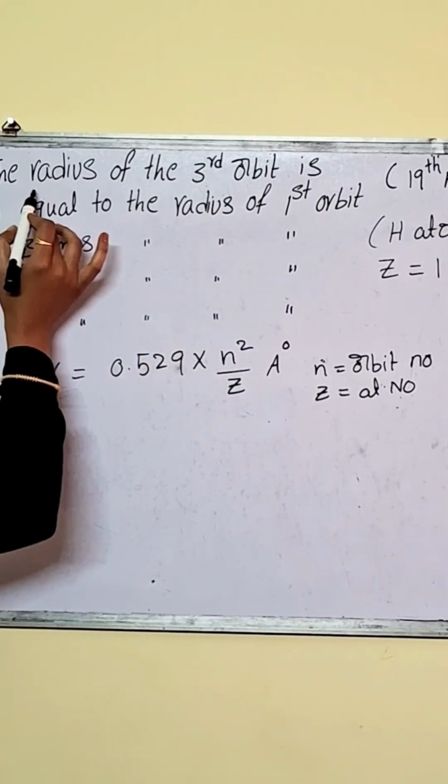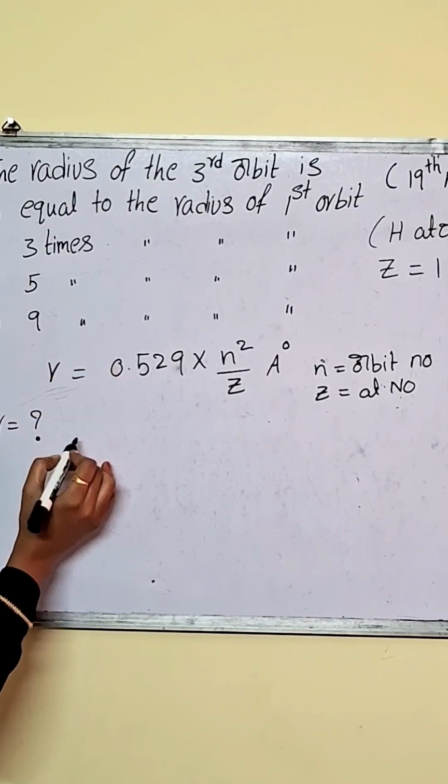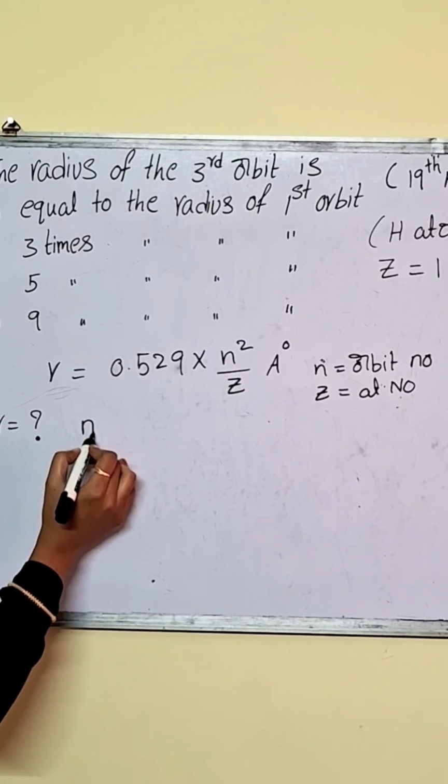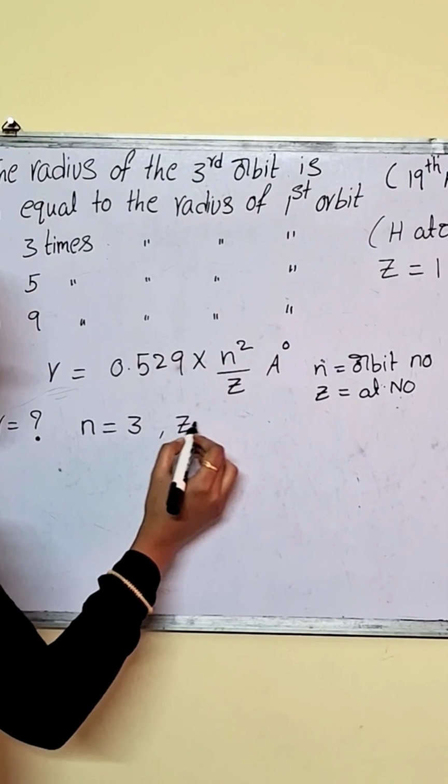Now, what are they asking? The radius of the third orbit. The orbit number is 3, so n equal to 3, and we have taken the hydrogen atom, so z equal to 1.